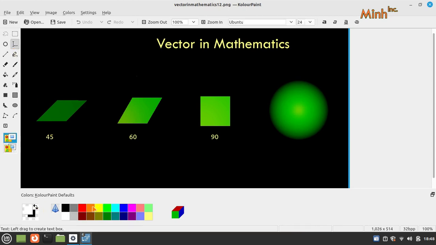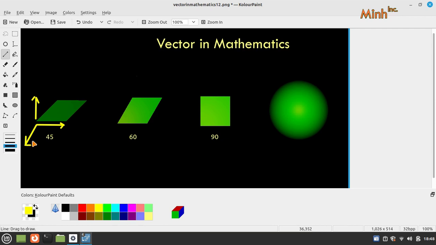What I want to say is that this is the x direction and this is the y direction, and the normal to this plane is the z direction, that is the normal.